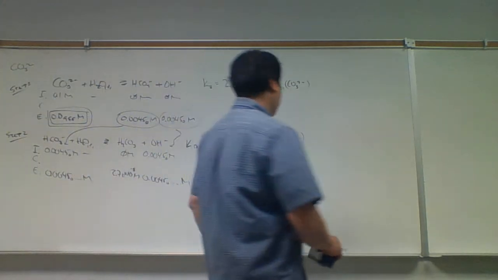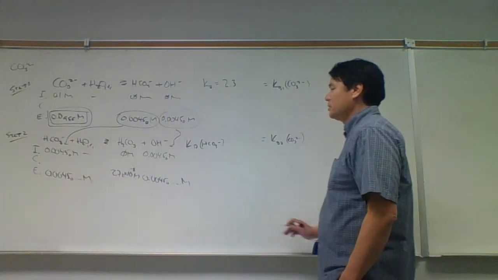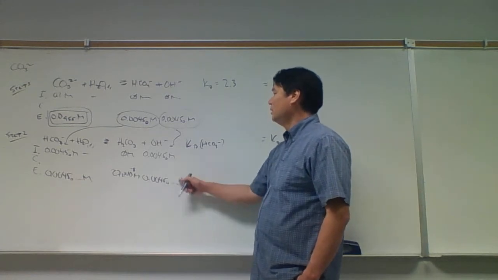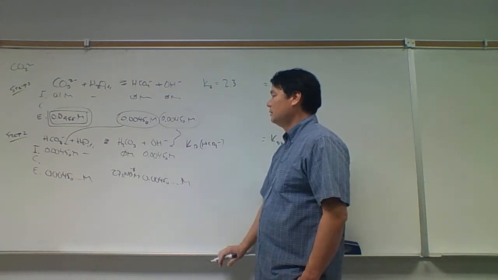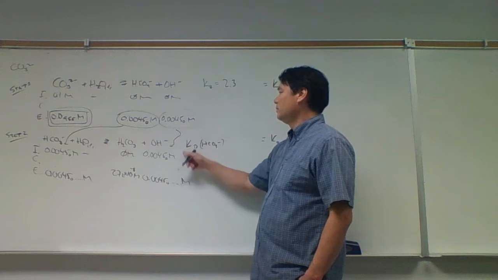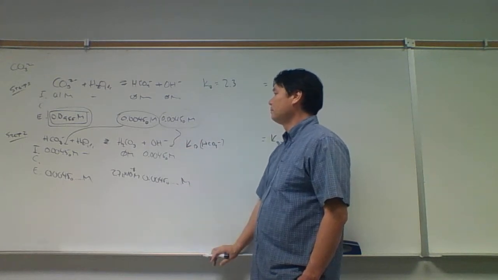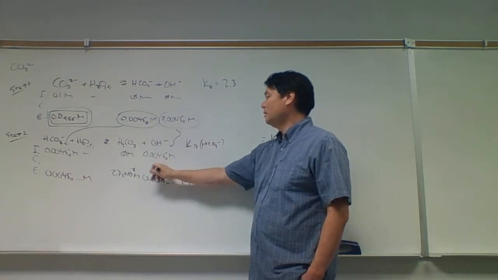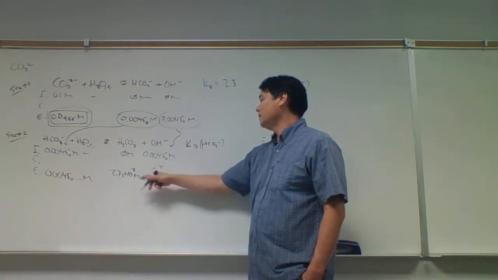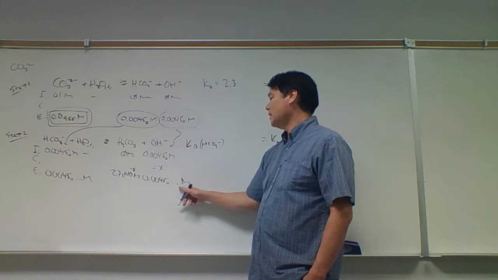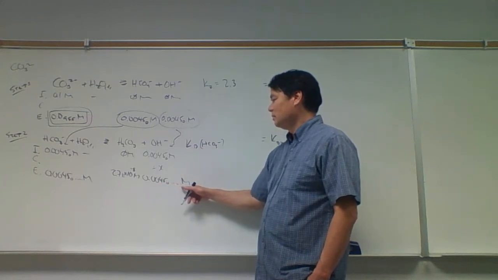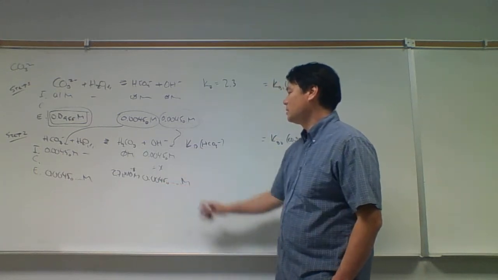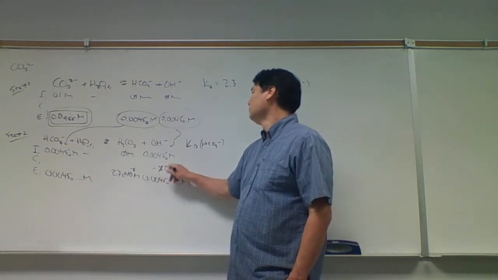All right. Did this step produce much additional hydroxide? No, not really. It just added a tiny bit of hydroxide here. And so from step 1, we end up with this. From step 2, we add a little bit, x, which is 10 to the minus 8. So it's not much additional hydroxide here.